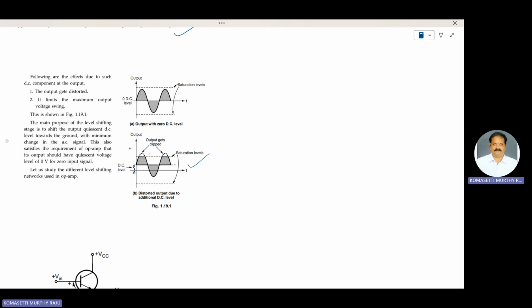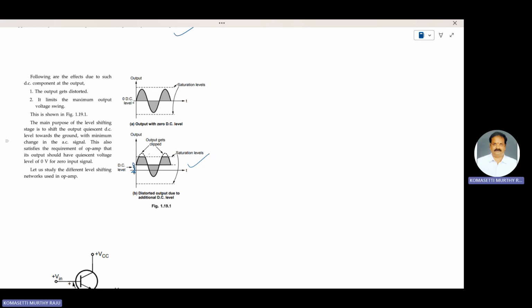The main purpose of the level shifting stage is to shift the output quiescent DC level towards the ground. Due to direct coupling, the DC level is shifted like that. In order to bring it back to the original 0 level, we use a level shifting stage.